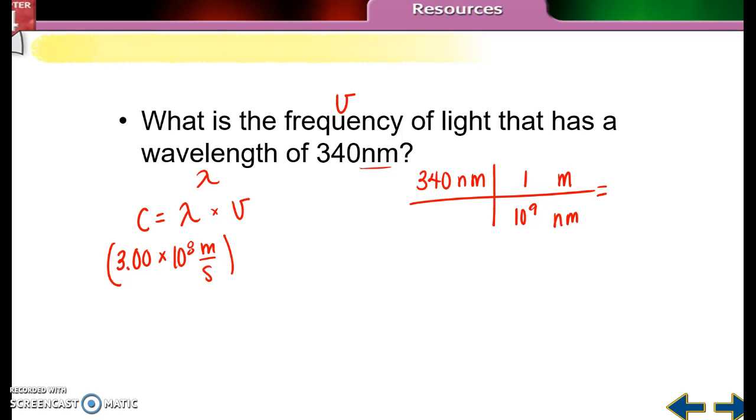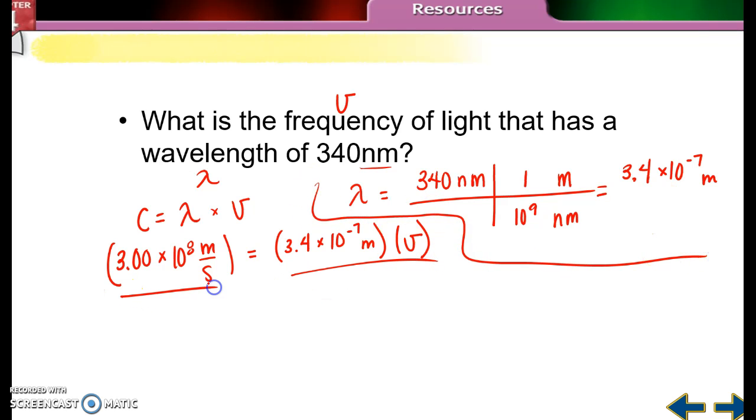And right there I'm going to get 3.4 times 10 to the negative 7th meters. And so I'm going to plug that in. That is my wavelength. So I'm going to plug that in, 3.4 times 10 to the negative 7th meters as my wavelength. And now I can solve for frequency.